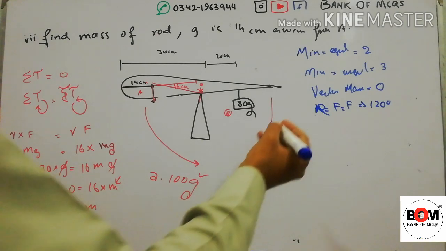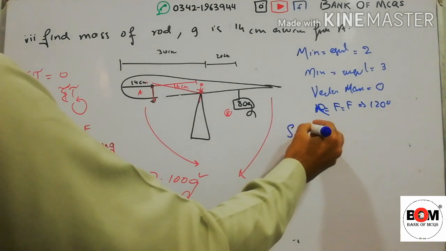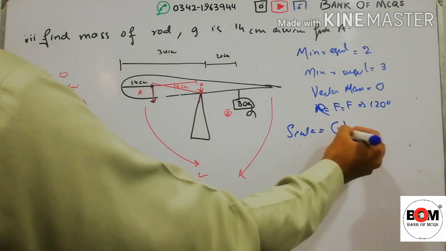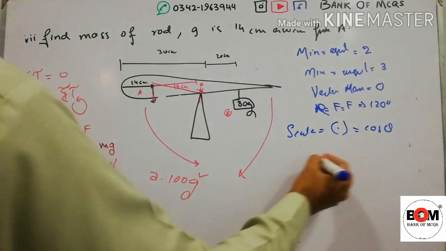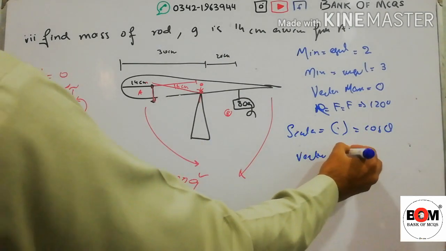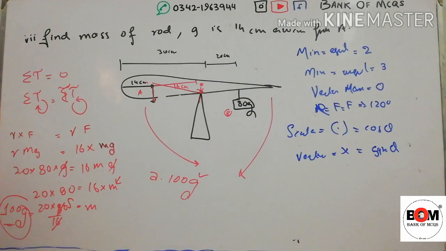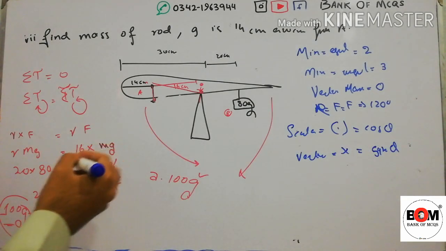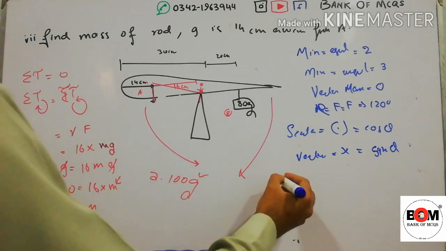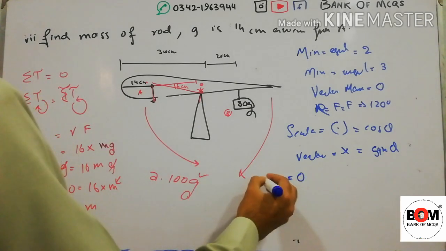Next was in vectors, the scalar product. Scalar product is also called dot product, and we use cos theta. The vector product we also call cross product, and we use sin theta. Next, for equilibrium a body must have 0 acceleration.